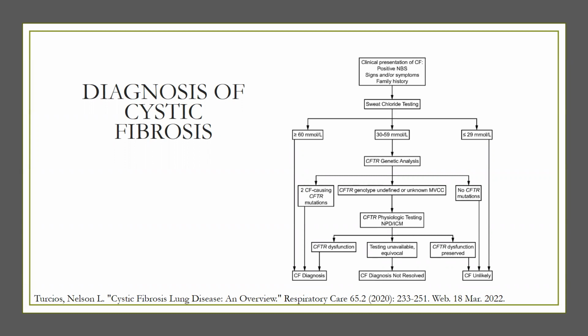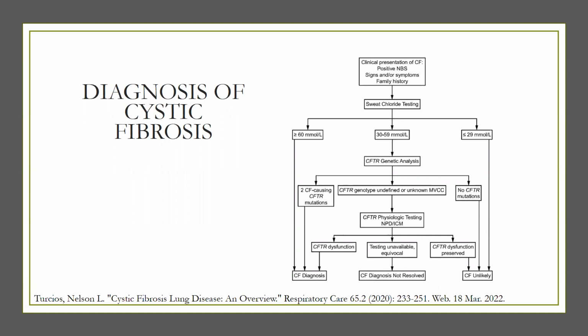Once you have a positive newborn screen or family history, you would go ahead and do a sweat chloride test. Based on the number found on your sweat chloride test, that will put you into different categories. With the CFTR transporter gene, the easy way to think about it is that it does the opposite in the skin versus in the lung. In the external skin, you're actually having more chloride outside, therefore more salt.